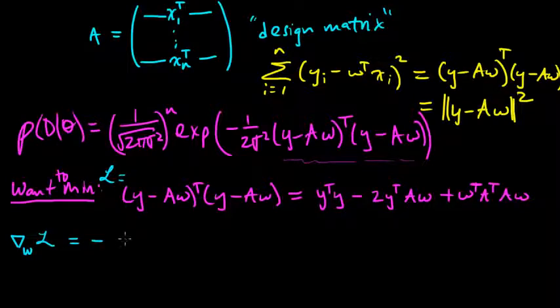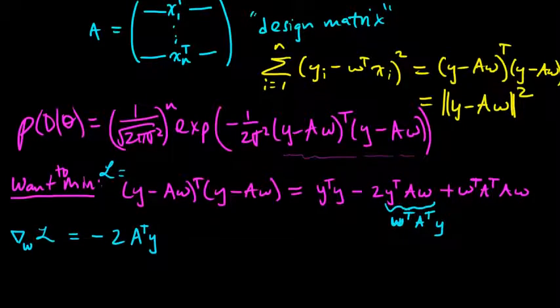So we get minus 2 y transpose... let's see, I guess we want to flip this first. This is W transpose A transpose y, because this is a scalar quantity. So that gives 2 times A transpose y.